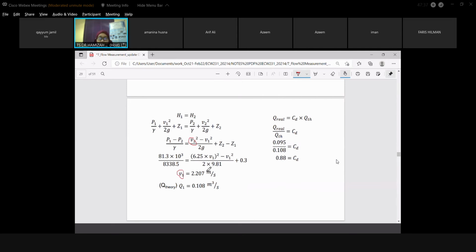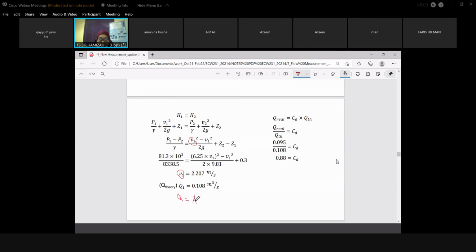So the Q actual or Q real is obtained by multiplying the coefficient of discharge with the Q theory. Okay, so how do we get this Q theory? Same. Q equals to AV.